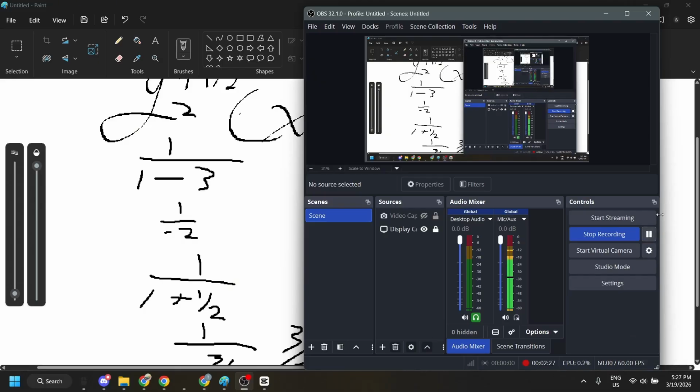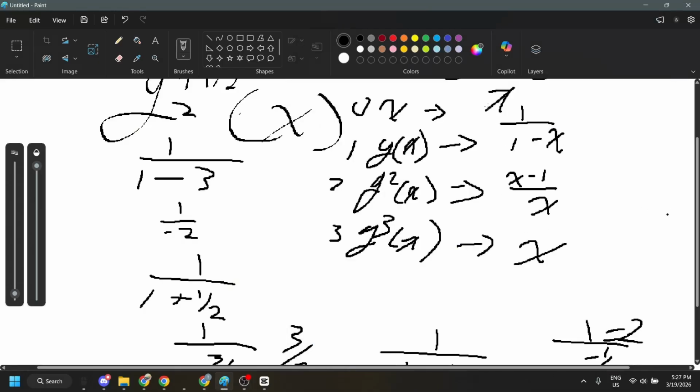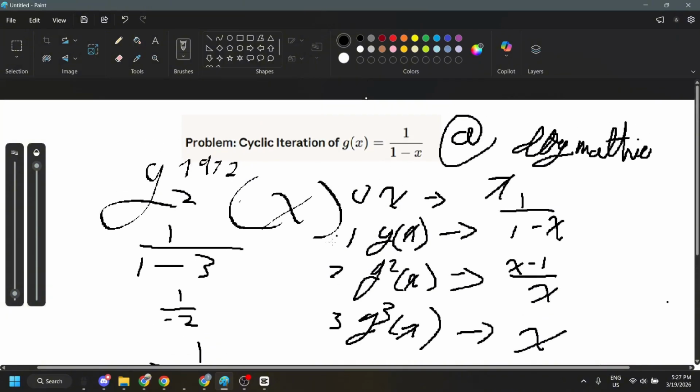Okay, after looking at what I previously did, this is what it is. So, we just need to find, if it's to the 0, it's x. If it's to the 1, it's just normal. So we need to find this mod 4, because this is a cycle of 4.